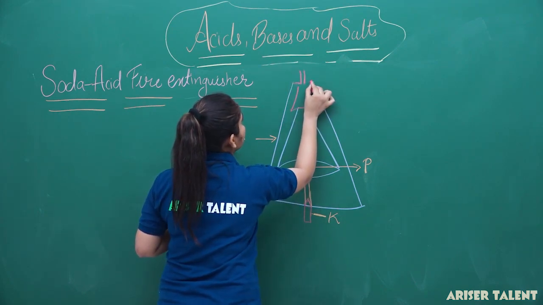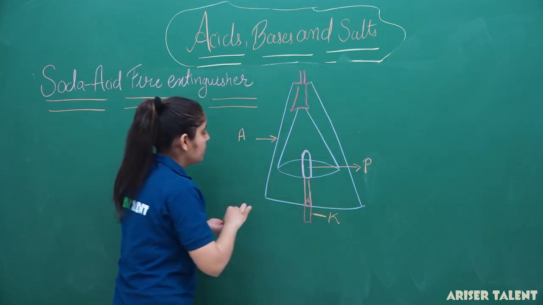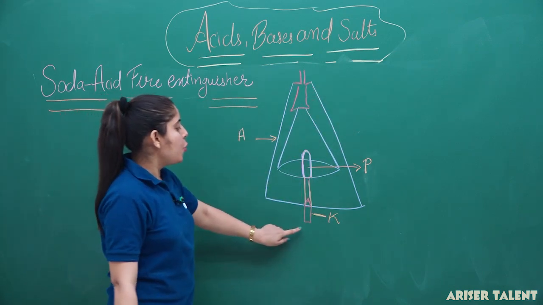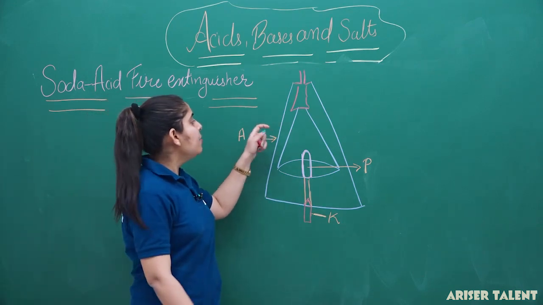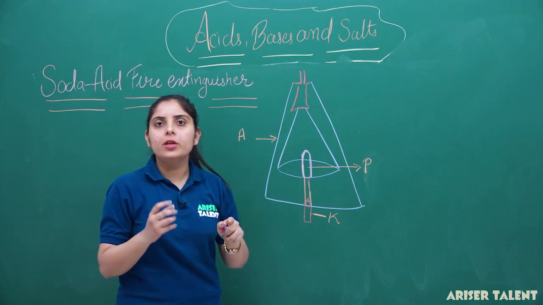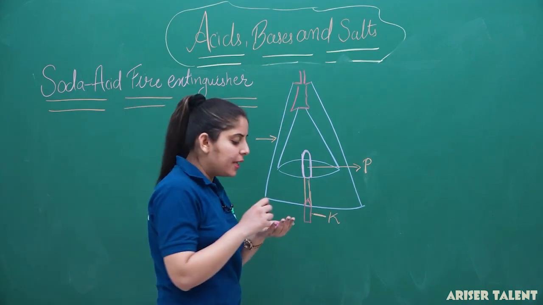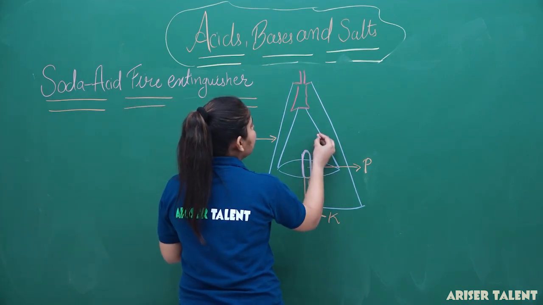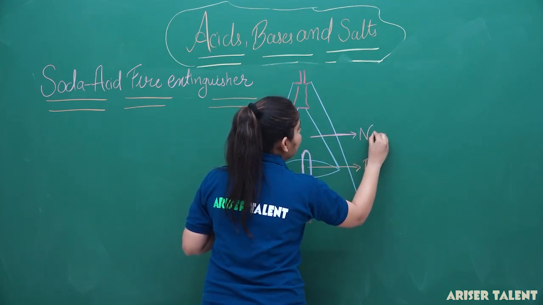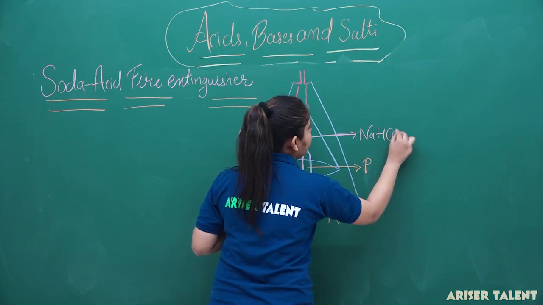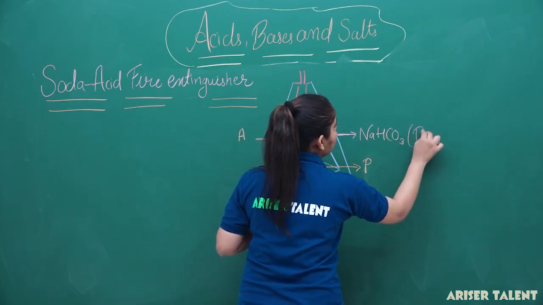Metallic cylinder, knob K is applied, and in the ampoule we have taken an acid and we have put in this container the sodium hydrogen carbonate, that is our baking soda. So in this container what we have put? We have put NaHCO3, that is our baking soda.